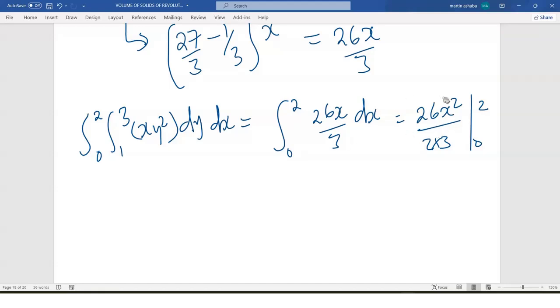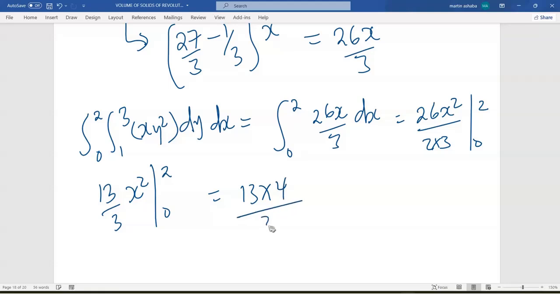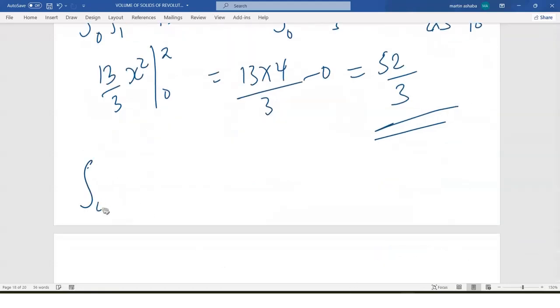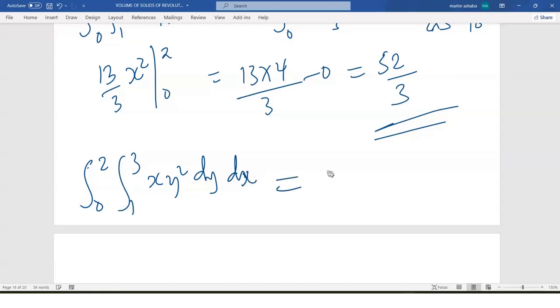So that would give us 13 out of 3 x squared from 0 to 2. And this becomes 13 times 4 divided by 3 minus 0, which is 52 divided by 3. So the double integral is equal to 52 out of 3.